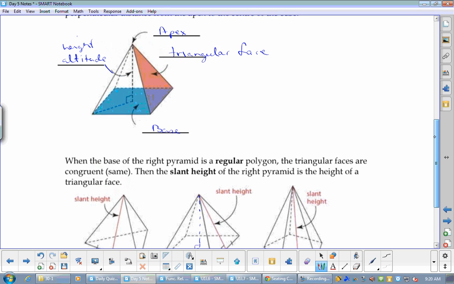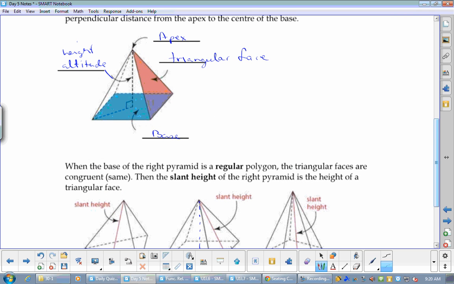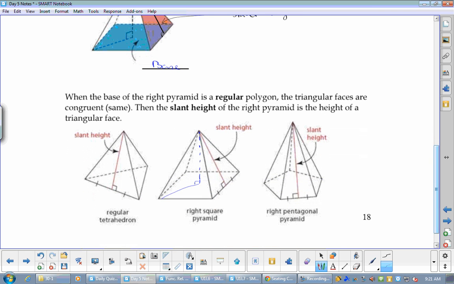So we can even come back, and on this one, why don't we add one more thing? Let's call this, actually, oh my, this is our slant height. Now, we want to be very careful too.